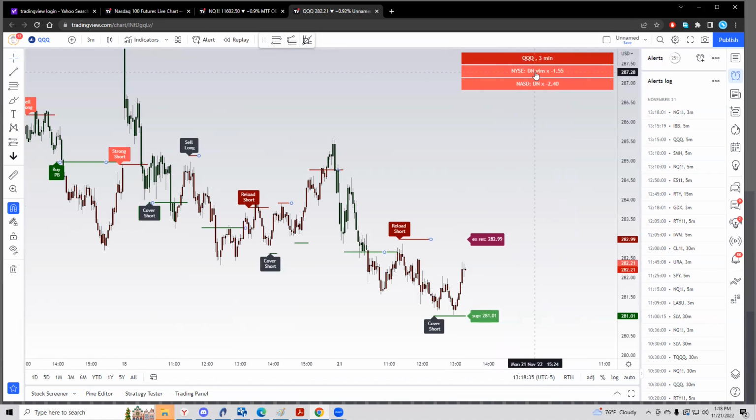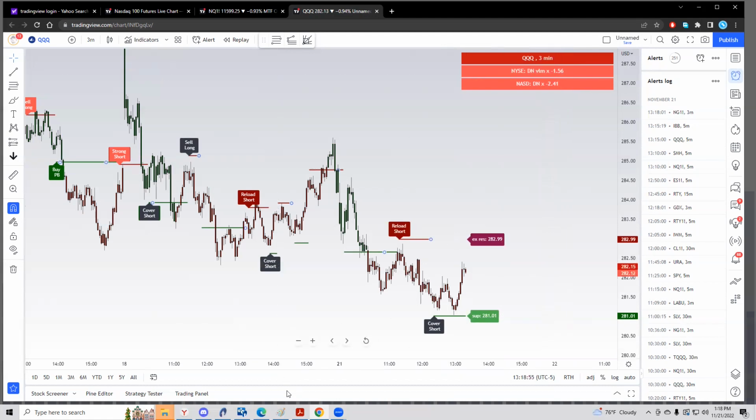When it's red, it tells you that sellers prevail today, and those numbers show the ratio between cumulative buying and cumulative selling. So when we have a red minus, that means that cumulative selling exceeds cumulative buying for the day.